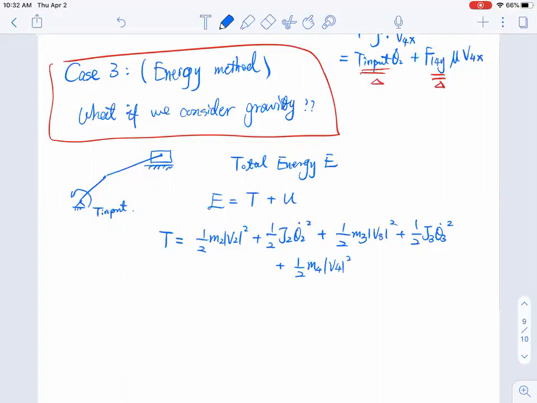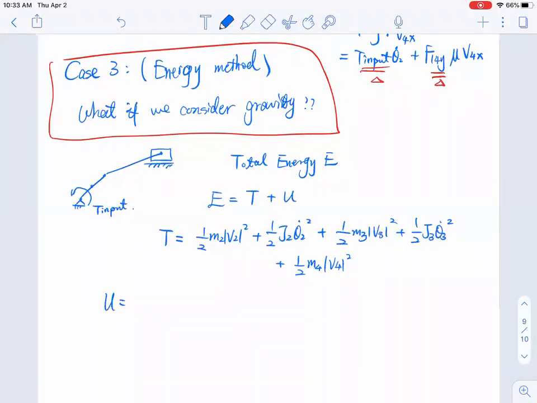So how about the potential energy then? As I said before, in our lecture, we only focus on gravity and spring. In this case, there is no spring, but we do have gravity. The first thing we need to do is find where all these gravity forces are applied.